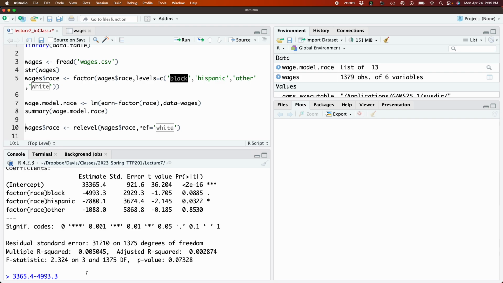And essentially what this is saying is that the hypothesis that all of the betas are equal to 0, we reject at the 10% level, because this p-value indicates that it's pretty unlikely that all of these would happen to be 0.